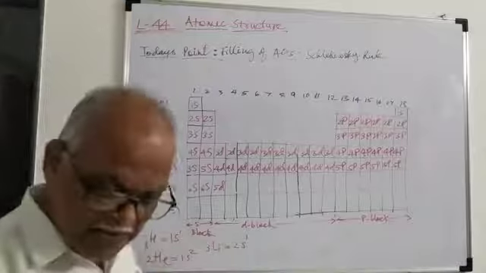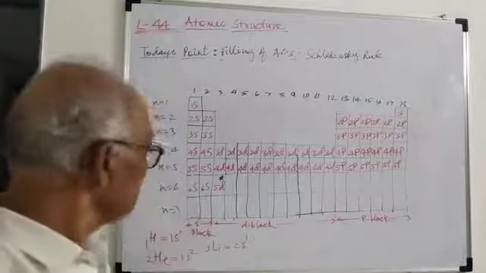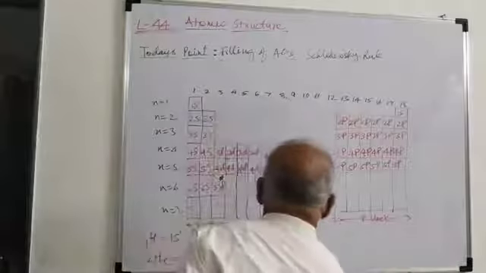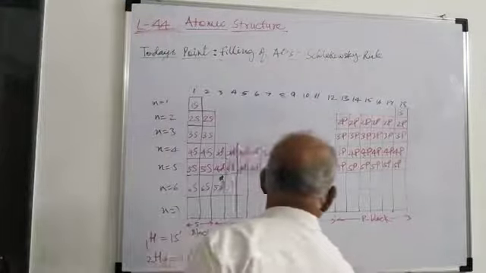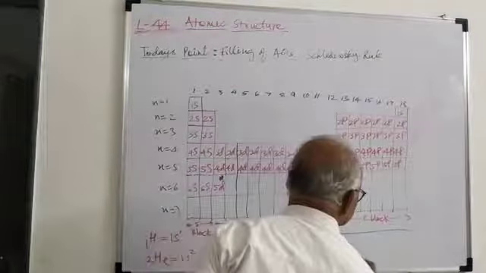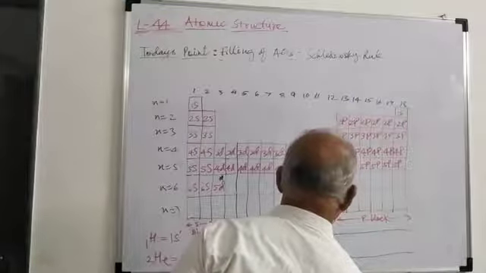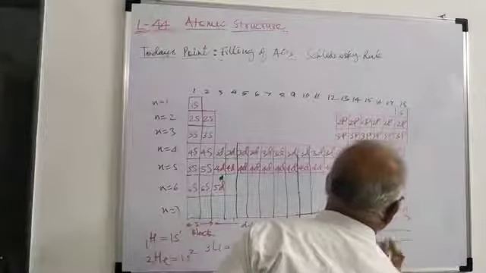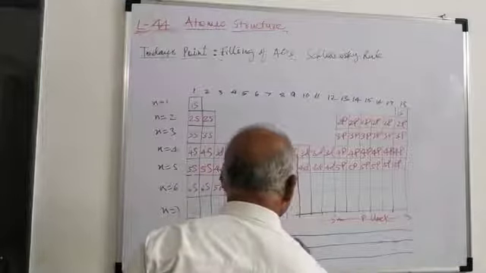But here the 5d orbital is specific. So we have to use another box here, that is orbital. Like this, we will divide this into 14 columns.